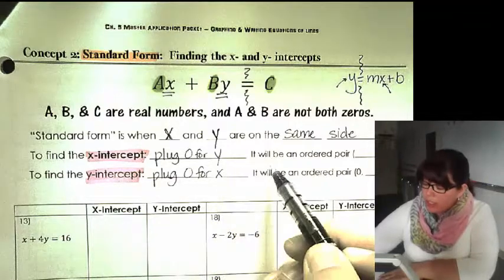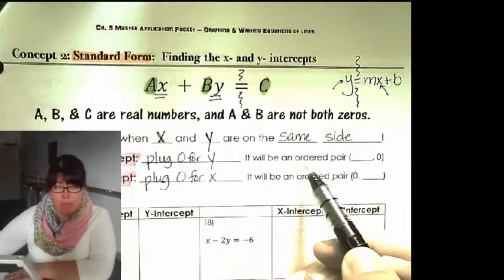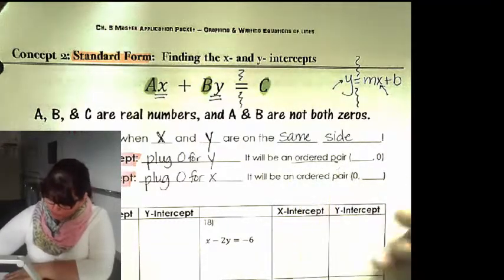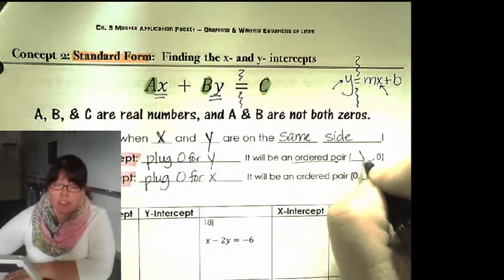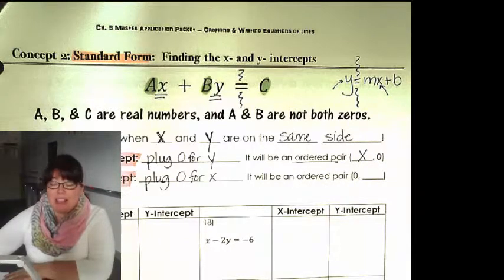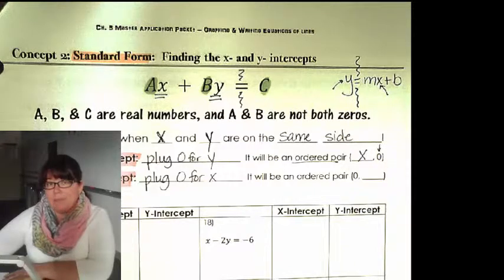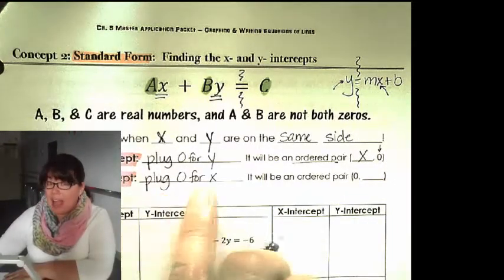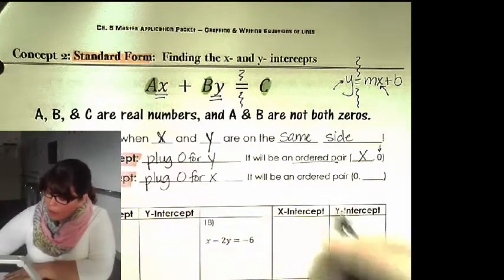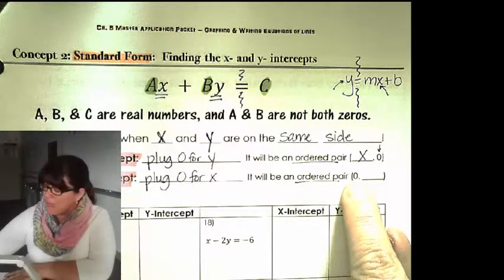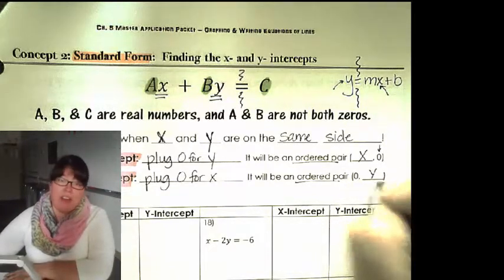The intercept will be an ordered pair, okay, because all points are represented by an ordered pair. It'll be an ordered pair with the x-intercept being in the x place and 0 in the y place. Okay, that's how you'll write it. For the y-intercept, you plug in 0 for x, and it will be an ordered pair where the 0 is in the x place because you plugged it in, and there will be a y value.